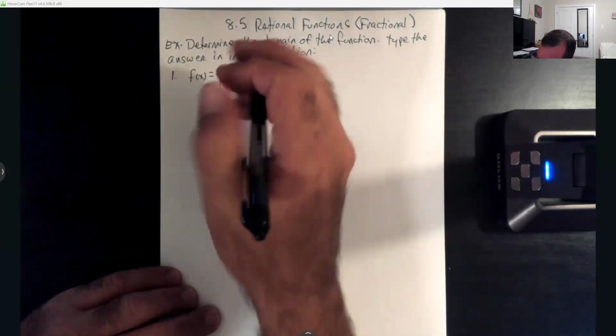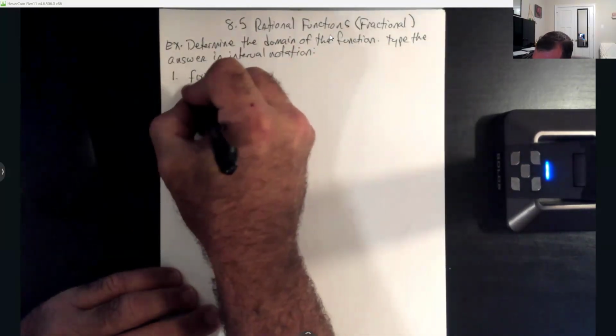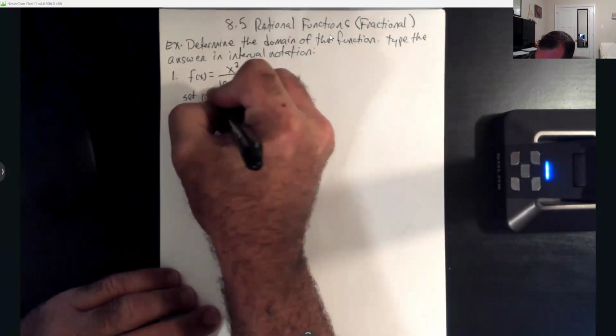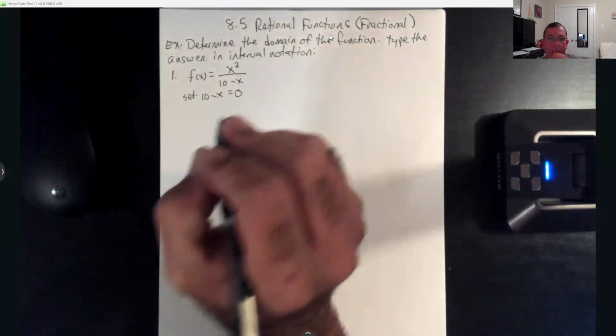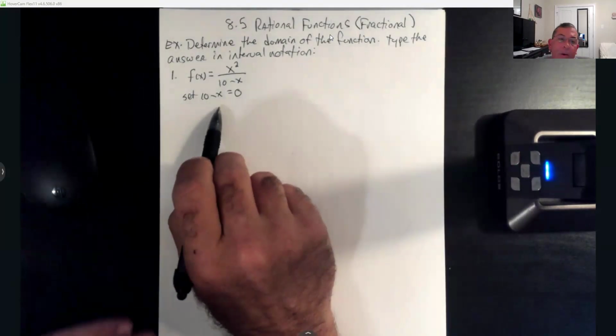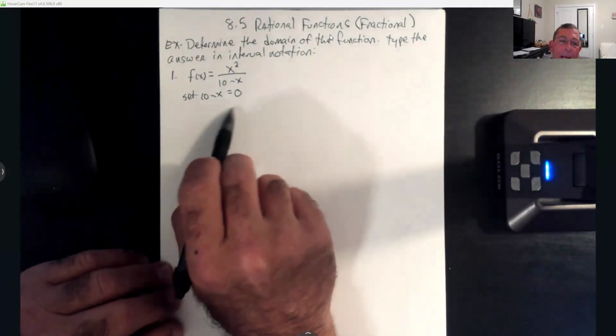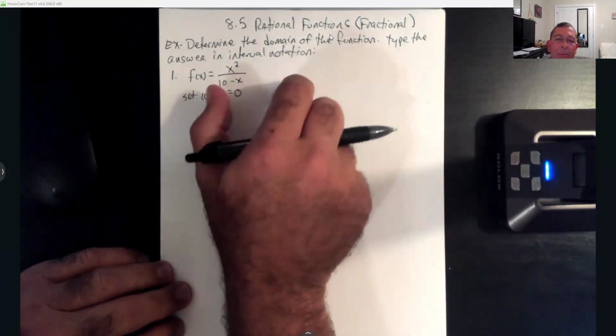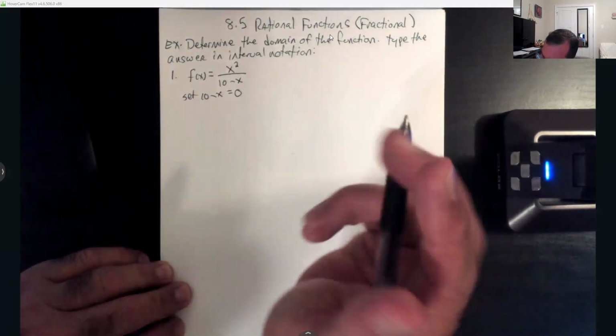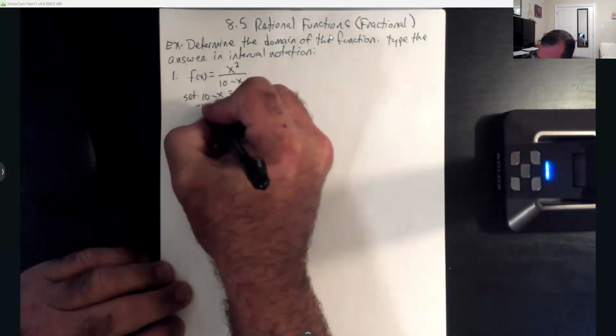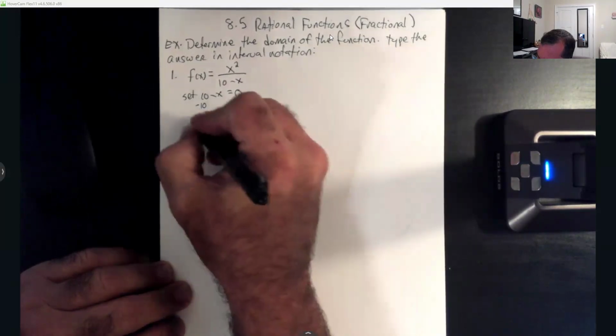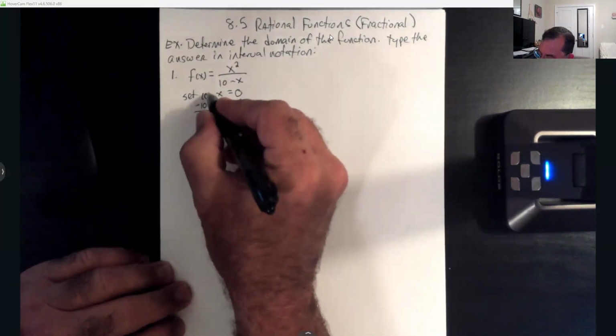So to solve this, I set the bottom equal to 0, and then I solve it for that variable. Whatever answer I get, I'm going to kick it out of my domain, okay? On this one, I'm going to start out by subtracting 10. So that cancels.